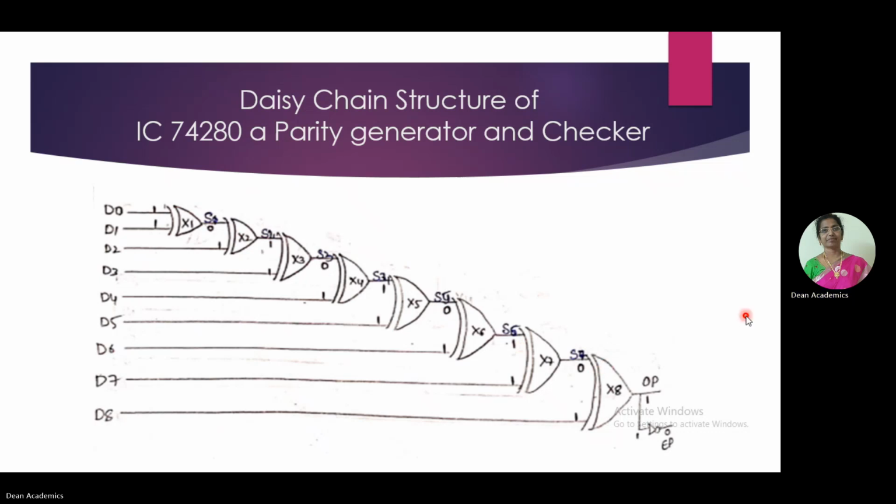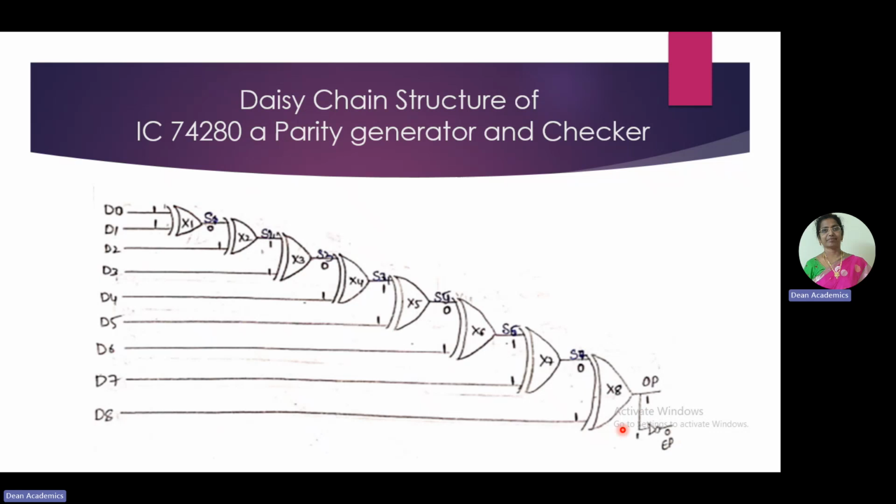So we can see D0, D1, 1, 1, output is 0, and D2 is applied here as 1, and 0 and 1, output is 1, and this one is applied, and 1, output is 0, this one is applied, and 0 and 1 inputs are different, therefore output is 1, and D5, 1 is applied here, both inputs are same, 0, inputs are different, inputs are same, 0, inputs are different, 1. So odd parity is 1, even parity is 0.